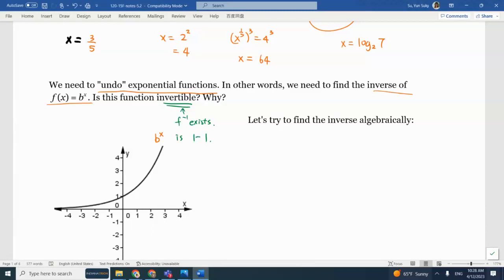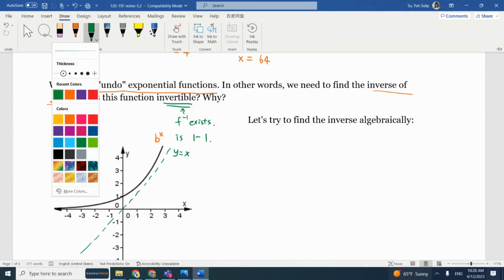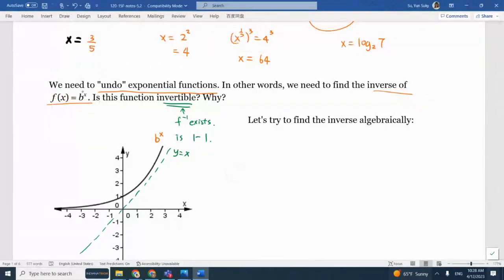Okay, so how do we find the inverse? Well, remember, we draw the line y equals x, and then we find the mirror image. So mirror image like this point. The mirror image is here, right? Like this point, mirror image is here. Just pick some point and then you find the mirror image.